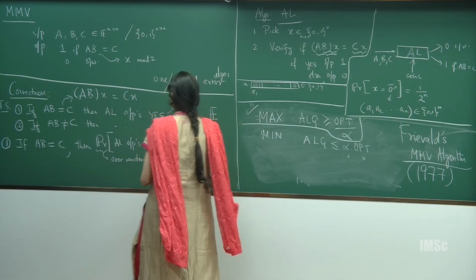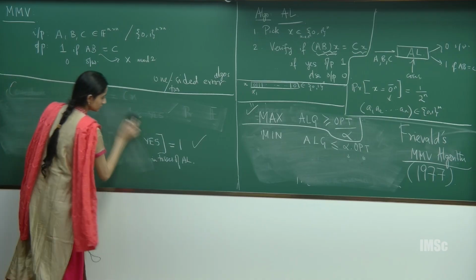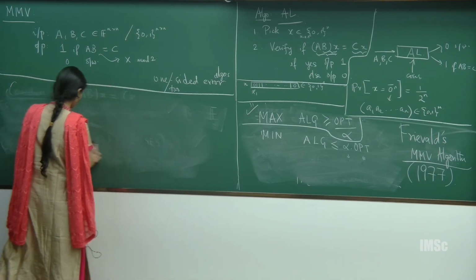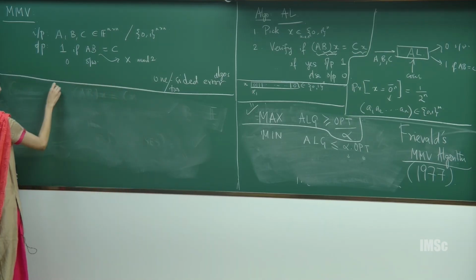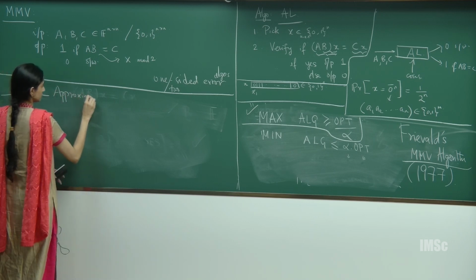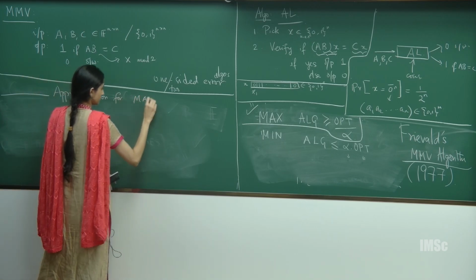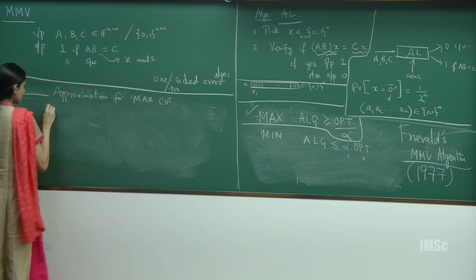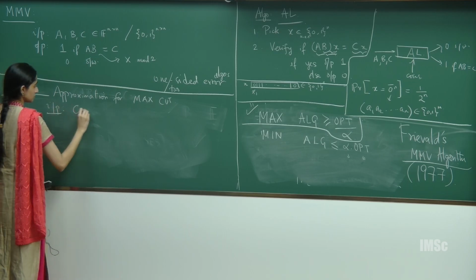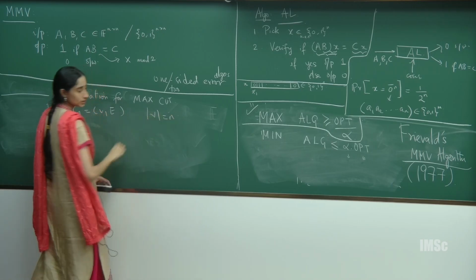Okay, so quickly I have like 5 minutes. The algorithm is very simple, so you should be able to do it in 5 minutes. Okay. So I am going to write for max cut. So the input is a graph. Let's say there are n vertices. Okay.